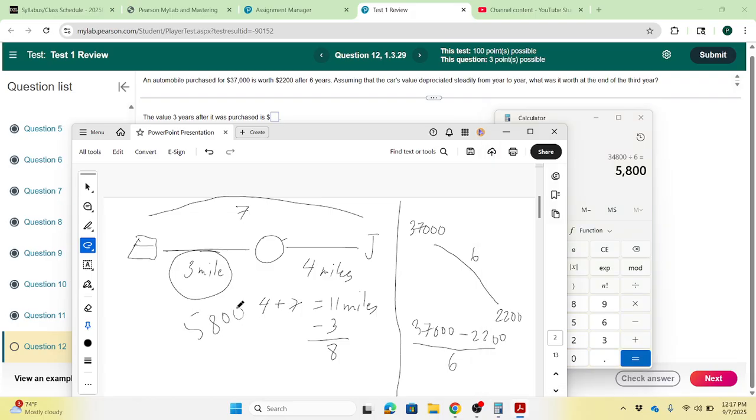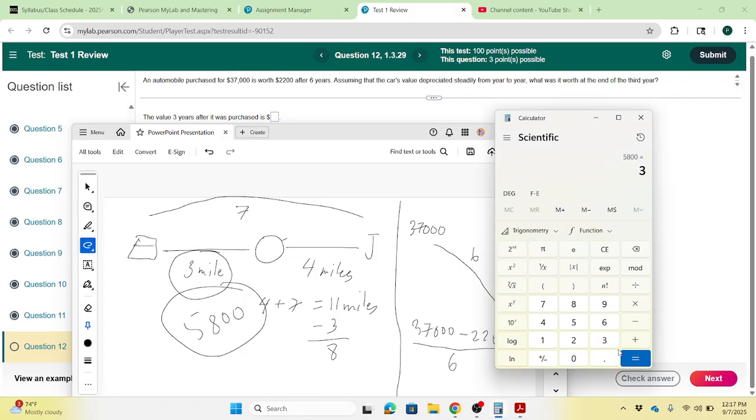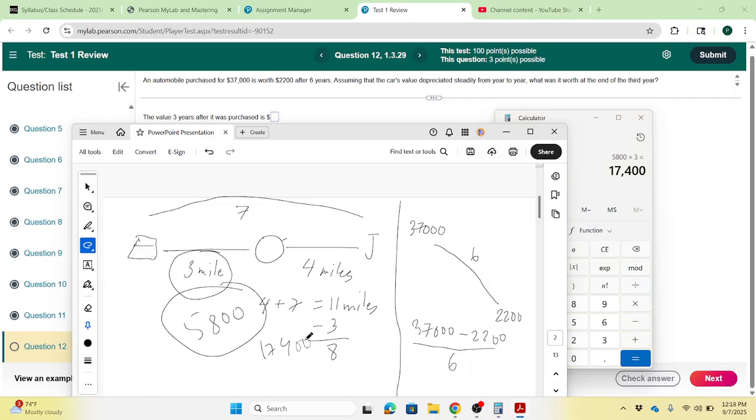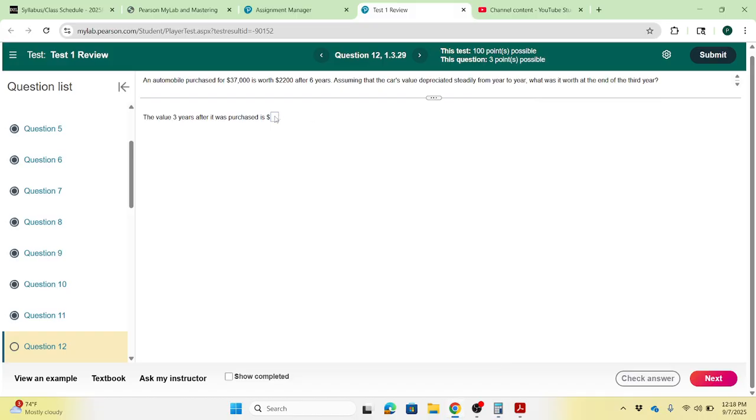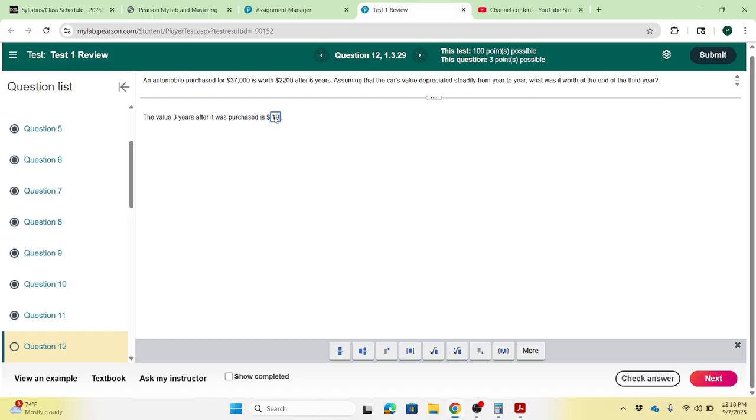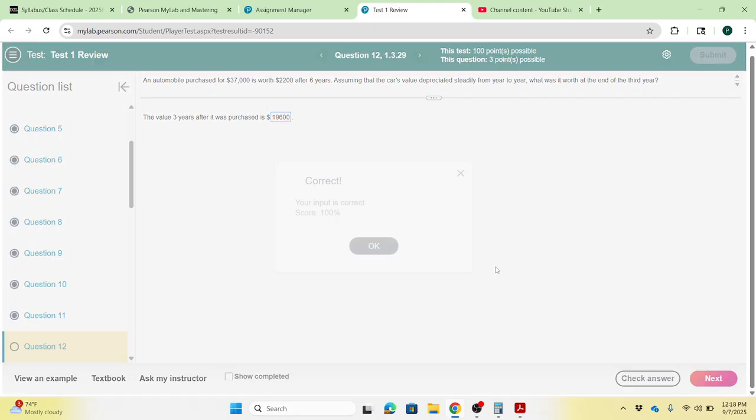That's the average depreciation, and 5,800 times 3 would be 17,400 depreciation in 3 years. So after 3 years, the value would be 37,000 minus this depreciation, 17,400. So the value would be 19,600. That would be the price after 3 years.